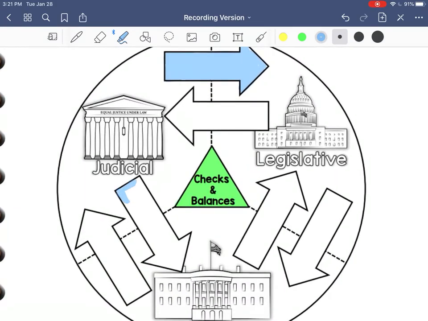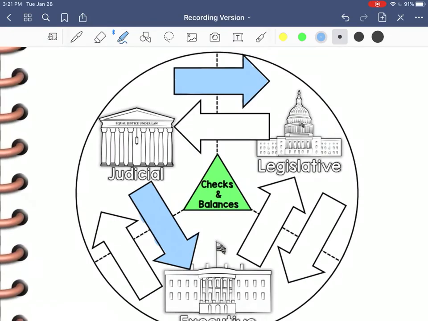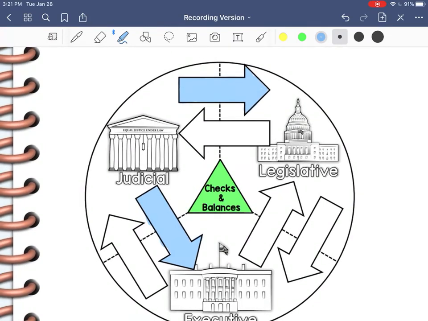So go ahead, if you would, and color those in, because these are going to tell me about power that the judicial branch has over the other two branches. So the judicial branch has power over the president, and they also have power over Congress. And that's what those two arrows are showing, that the judicial branch's power goes two ways.